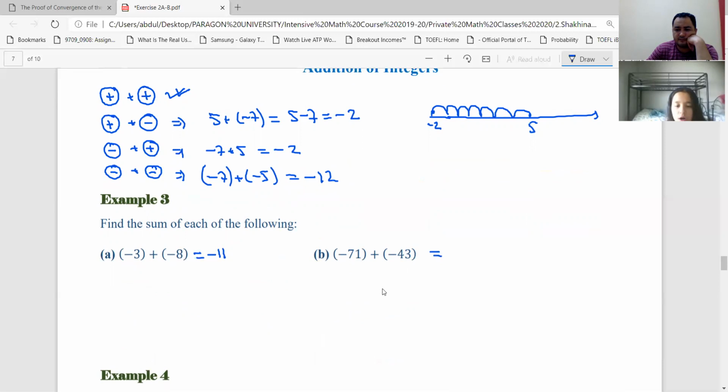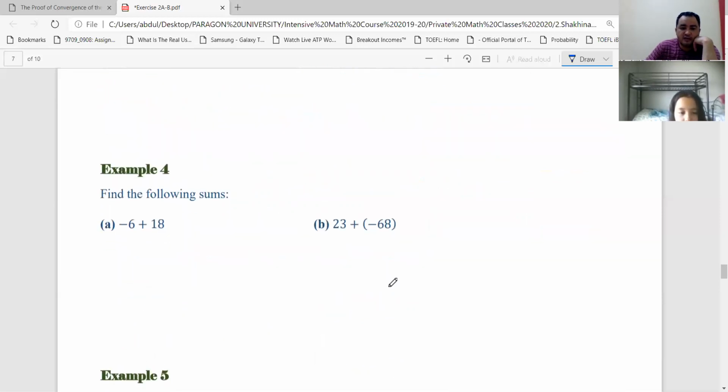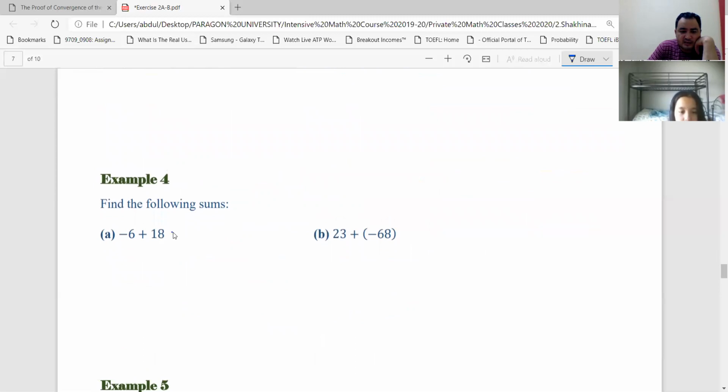That is negative 114. Very good. Example 14. How about minus 6 plus 18? Signs are opposite, right? So we subtract. 18 is greater, so it will be plus.